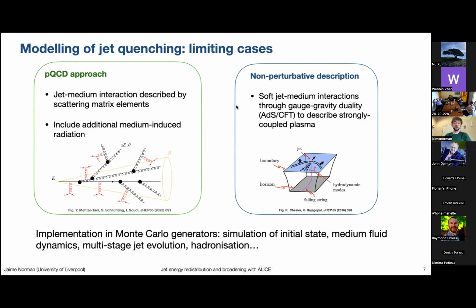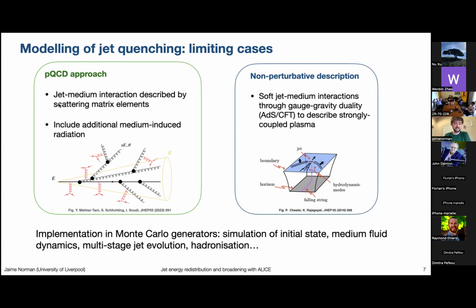And at the softer end of the scale, one interesting way to describe soft jet medium interactions non-perturbatively is through gauge gravity duality, AdS/CFT, where the strongly coupled plasma is mapped to a weakly coupled string theoretical quantum gravity description of strongly coupled field theories.